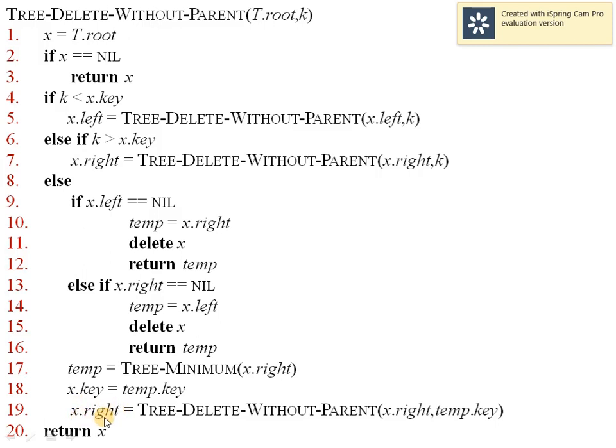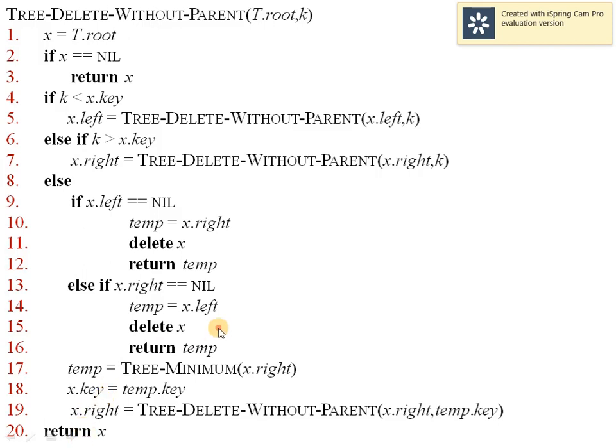So accordingly, we call this procedure again with x dot right, and now the key to be deleted is the successor value, that is temp dot key, and the return value of this function will be used to update the x dot right pointer. Lastly, we return the node x in order to maintain the proper pointers in the binary search tree, which is similar to the case of insertion.